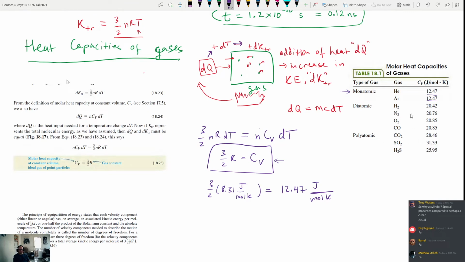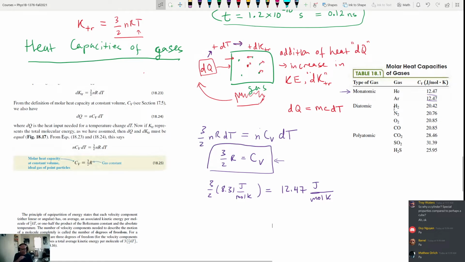So what's going on? The idea comes from something called the Equipartition Theorem, and I included this piece of text down here that I'll show you now to describe this. The 3 that shows up right here in this equation is because for a monatomic gas, the kinetic energy is related to the velocity of the gas.